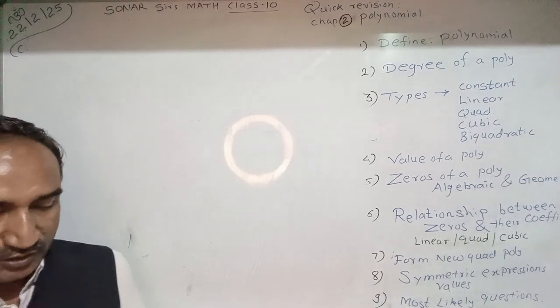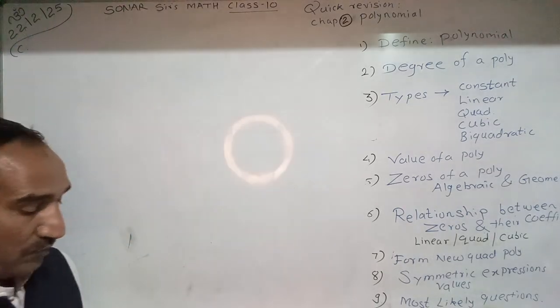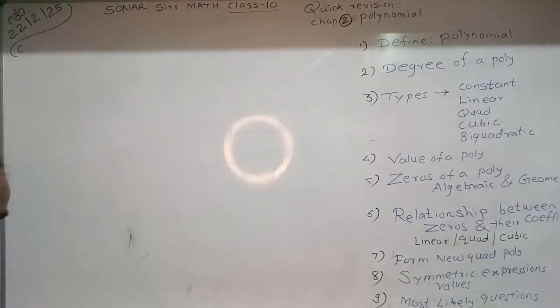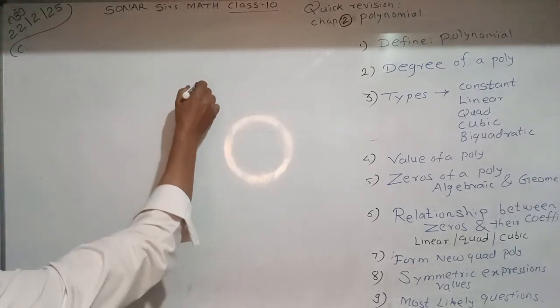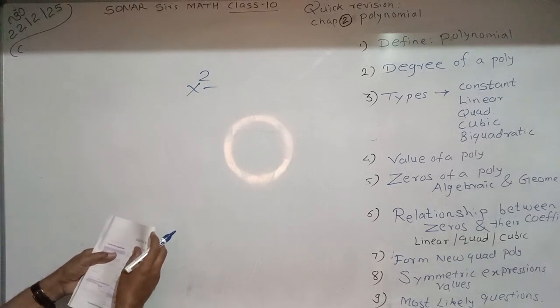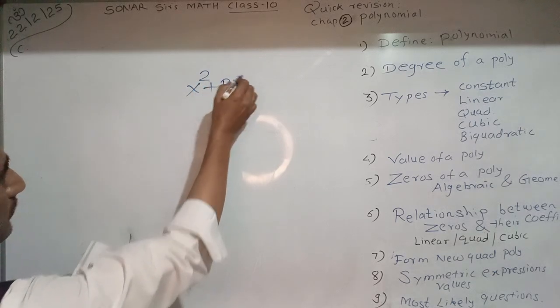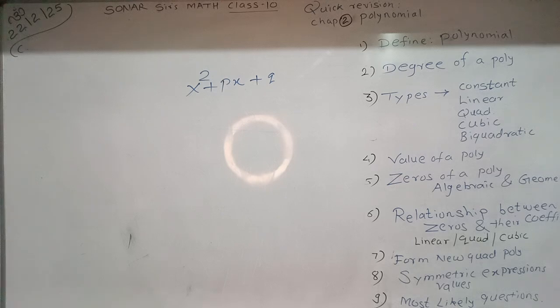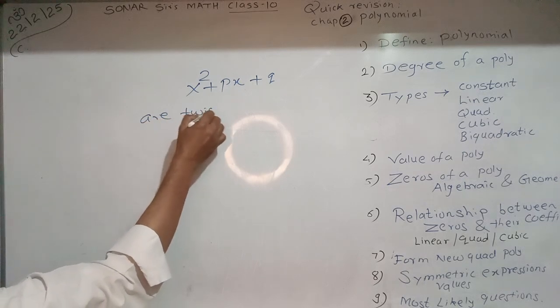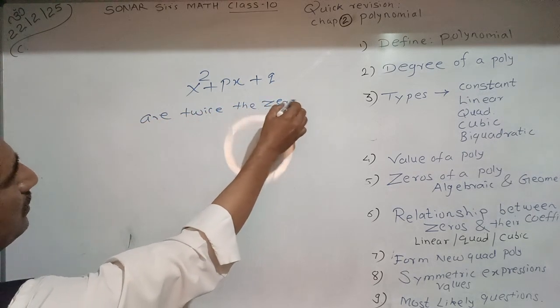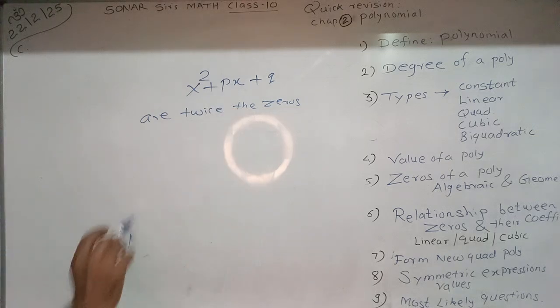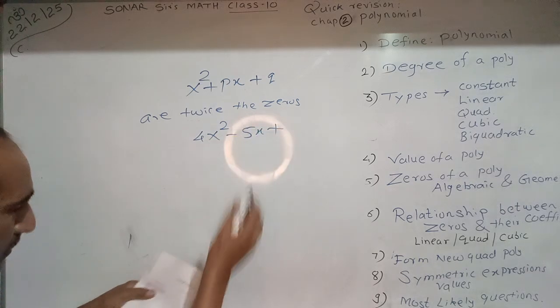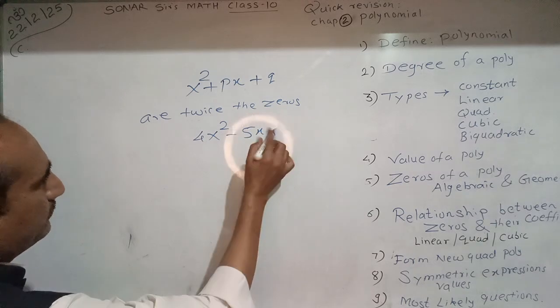So related to that, the first question: the zeros of the polynomial x square plus px plus q are twice the zeros of the other polynomial, which is 4x square minus 5x minus 6.